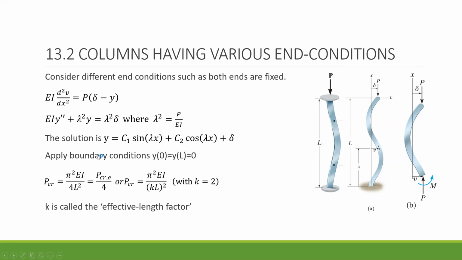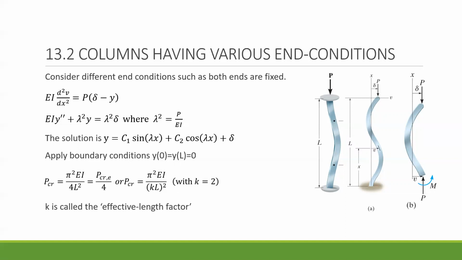After solving the differential equation, we find the P critical force is pi squared EI over 4L squared. You can see it is not the same as the Euler buckling load, but it is very similar. The only difference is a ratio: the Euler buckling load divided by 4, just one quarter of the Euler buckling load.